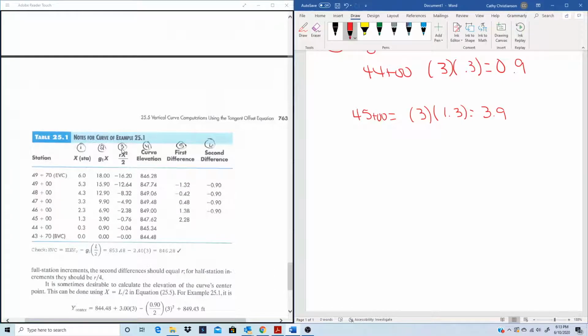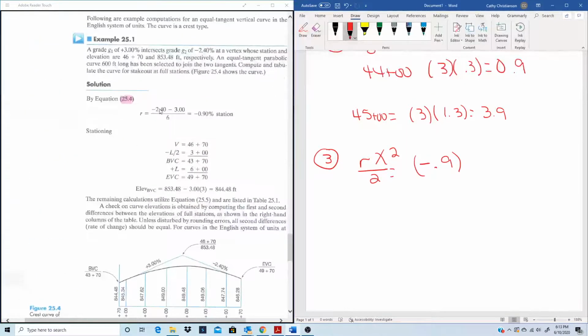And then my third column is going to be Rx squared divided by 2. So I'm going to write column 3 is Rx, and we've already got X squared divided by 2. So our R was a 0.9. Remember, we solved that back in the beginning.